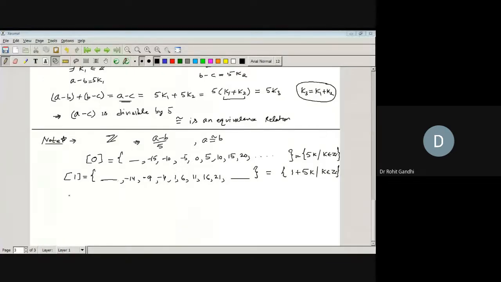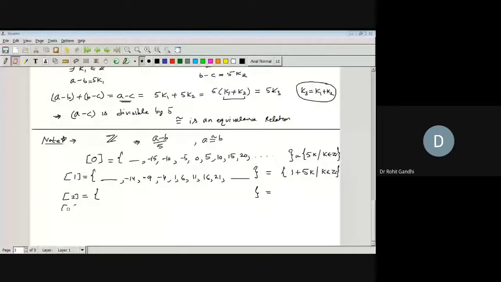Now, what is the equivalence class of 2? Priyanka: Sir, 5k plus 2, where k belongs to integers.